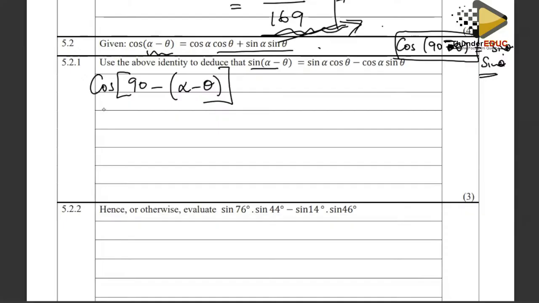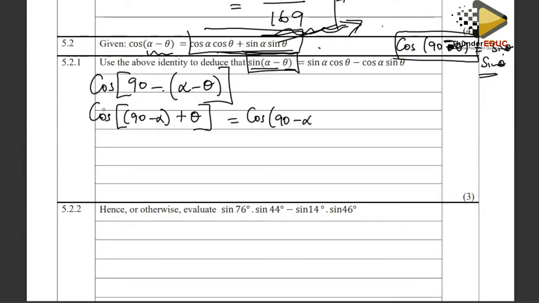If you simplify this, you're definitely going to get your sine. Then I'll regroup this and say I have my cos of 90 minus alpha, and then negative and negative, I'll have a plus theta. And then I'm going to open this up using this identity that I was given. So I'll have the cos of 90 minus alpha, the cos of theta.